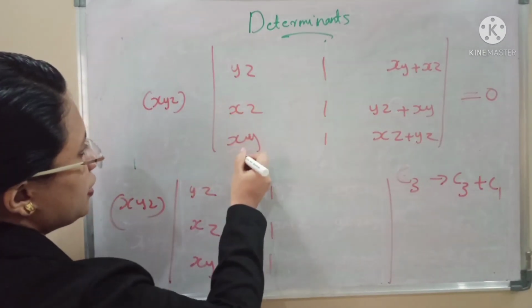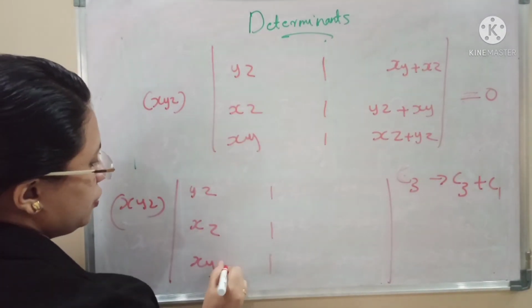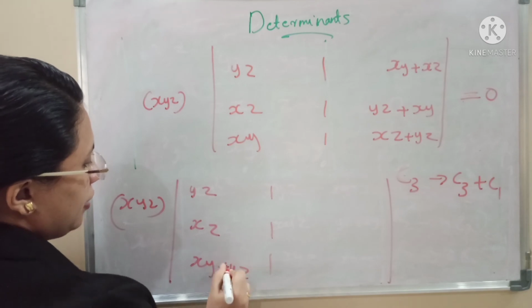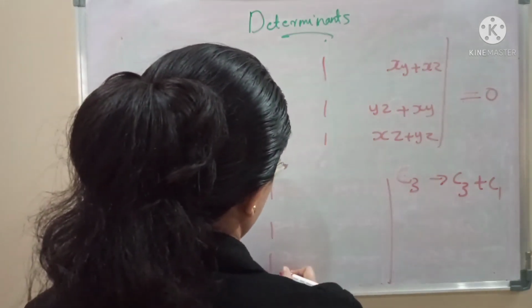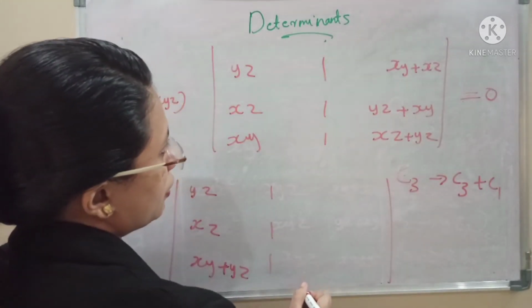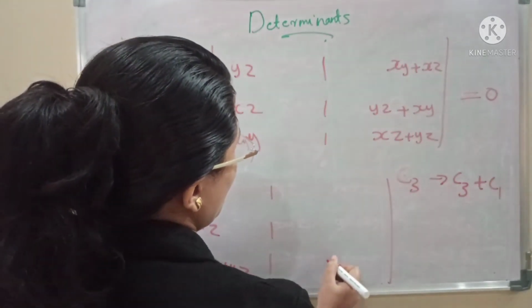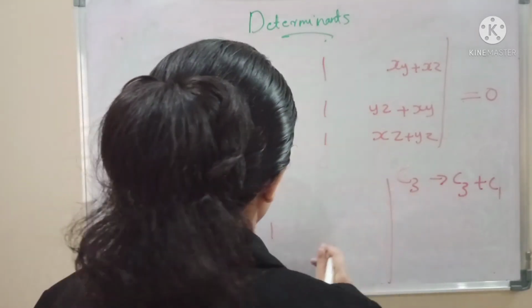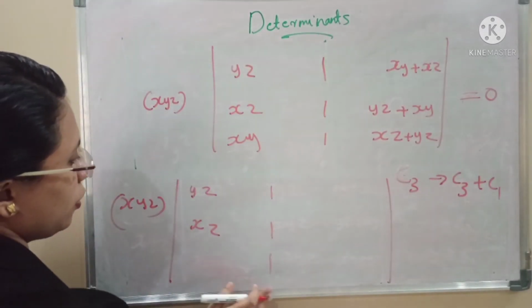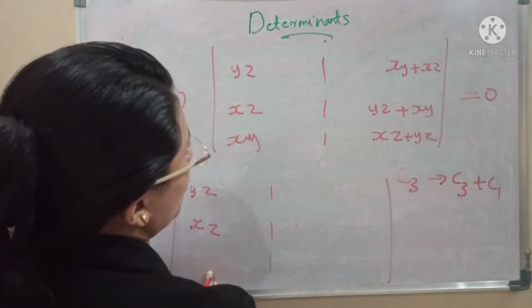So C3 plus C1, so this will be yz, xy plus yz, then this will be... okay, so, oh sorry, this is not row wise, this is column wise.